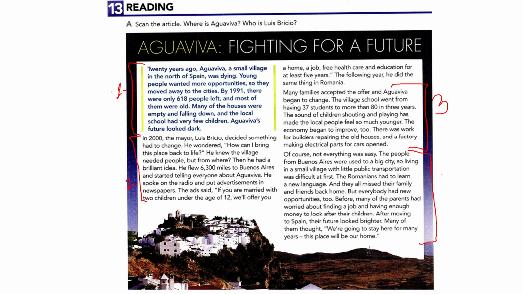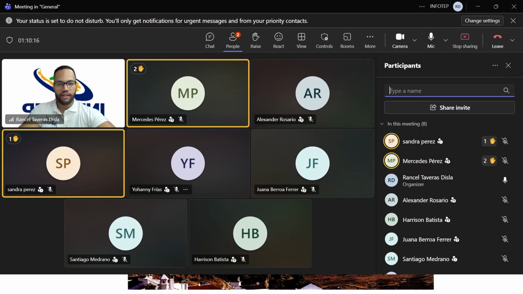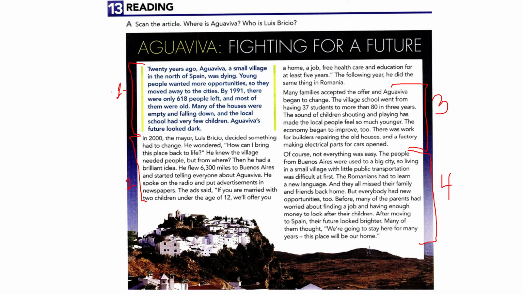Necesitamos a alguien para el número 4. ¿Alguien más? Voy a llamar a alguien aquí. Dígame, Joanny. Joanny, ¿no se anima a leer el último párrafo para la próxima clase? Vale, okay. Number 4. Let me see, please. Number 4. Okay. Muy bien. Entonces, muchas gracias, chicos.